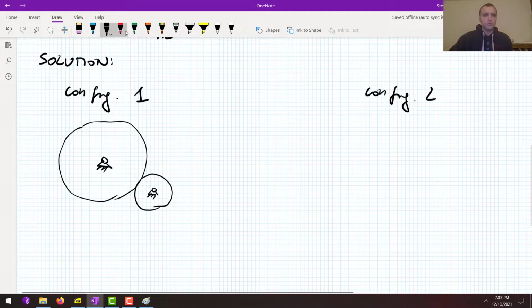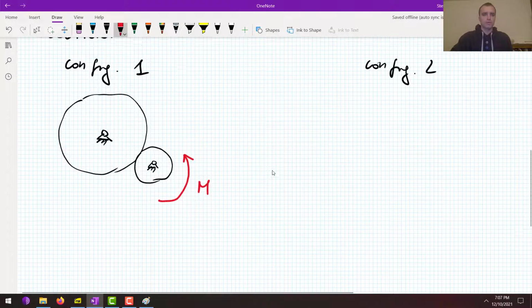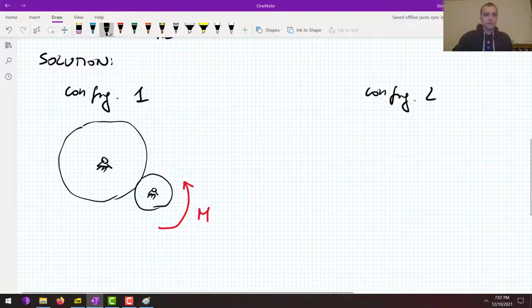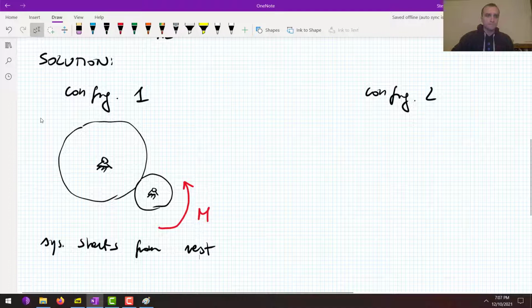We have that torque applied here. Okay, we can write in here that the system starts from rest. Sorry, I just wrote it like 3 minutes ago.